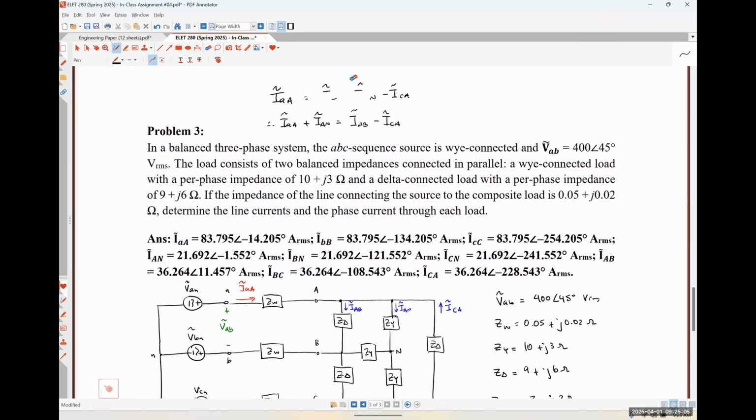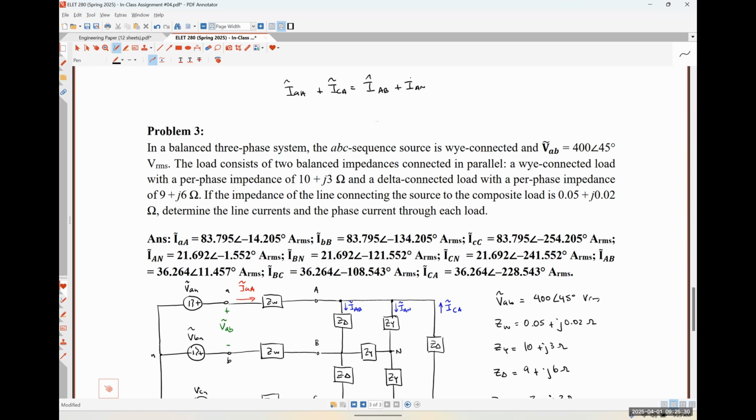So let me just start from scratch here. I think this is where my issue is, okay? IAA is flowing in. This is what I get for trying to be fancy. ICA is flowing in. IAB is flowing out.